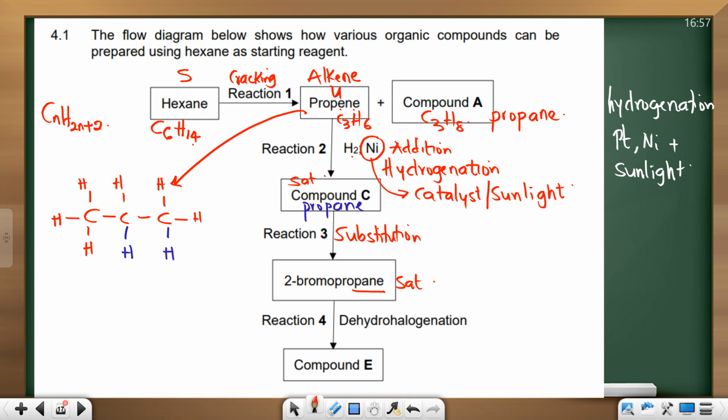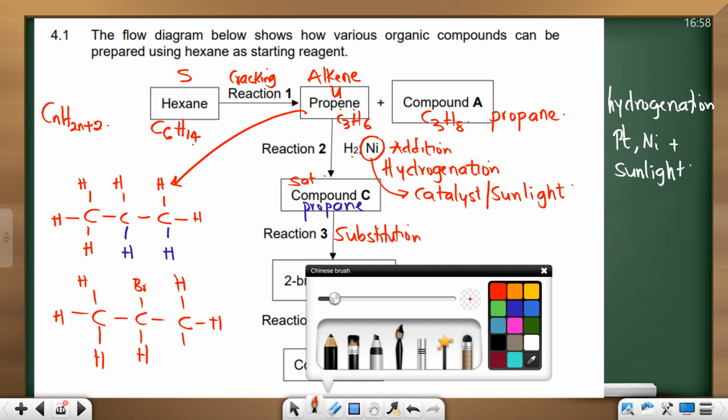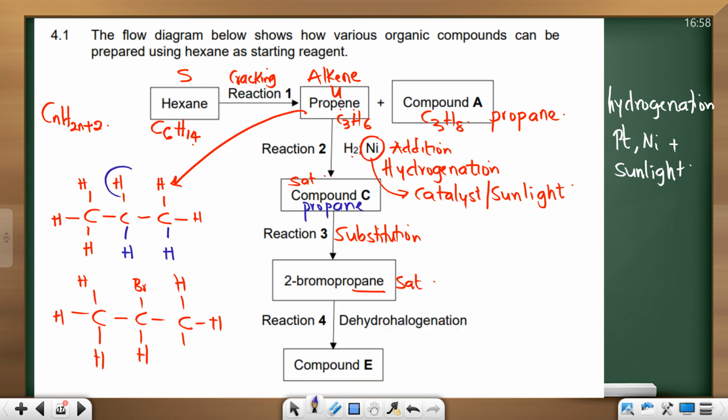Can we draw 2-bromopropane? Prop means 3 carbon atoms, but bromo is sitting on carbon number 2. Can you see what we are substituting already? We are removing this H and replacing it with Br.